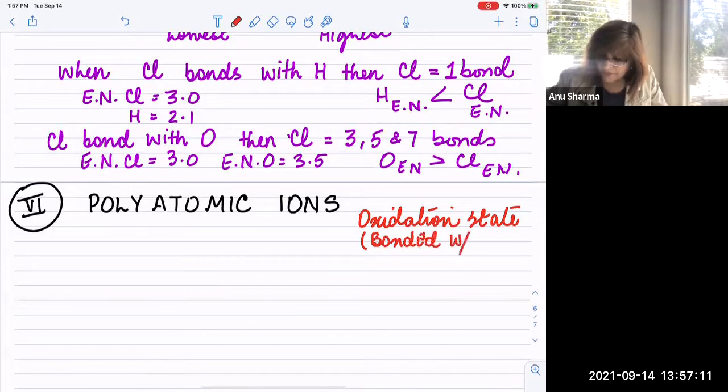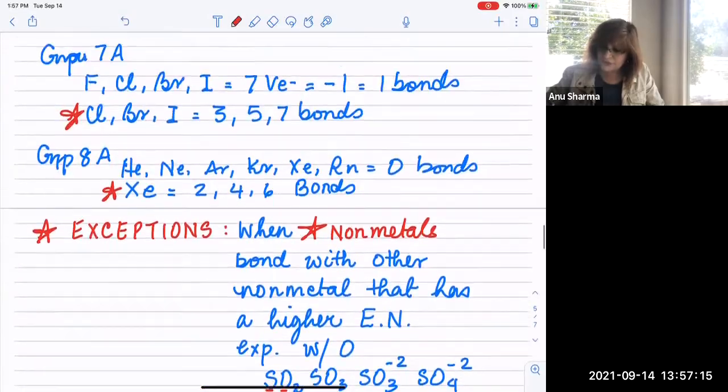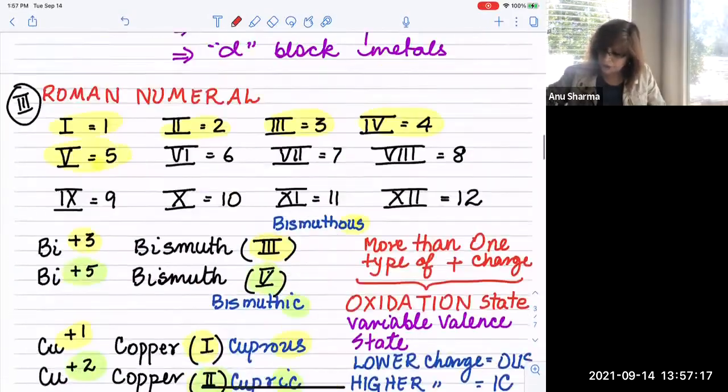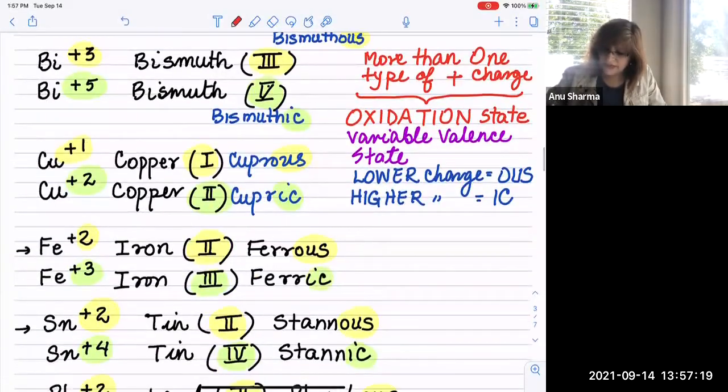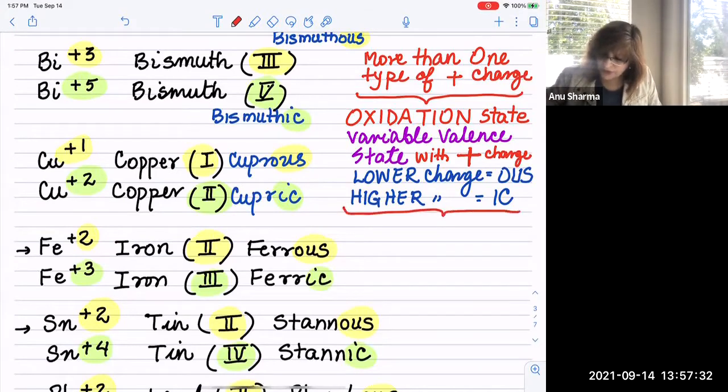Here the oxidation state was the positive charges. Oxidation state is the variable valence state with plus charges, which is also called that in the case of metals. This is the situation with the metals.